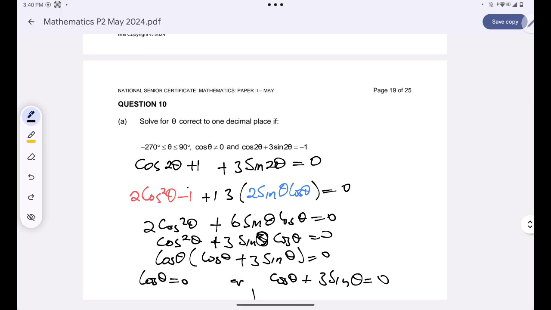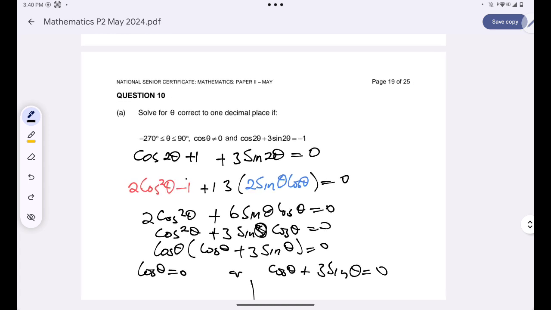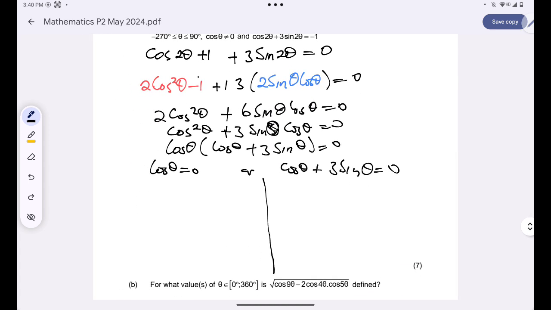You must find the actual angles. The reference angle here is simply cos inverse of 0, which is just 90 degrees, right? So I must express the 90 degrees where cos is positive. Why? Because cos is equal to a positive number.